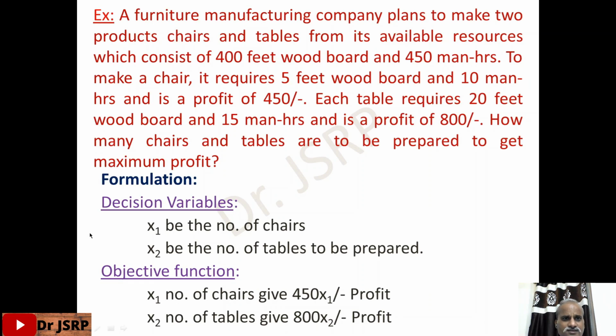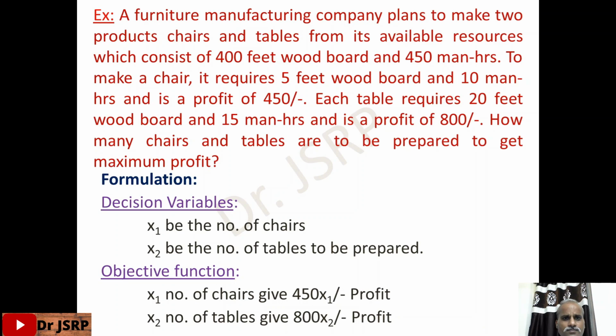So the manufacturing company has two raw materials, that is 400 feet wood board and 450 man hours. Using these, the products will be prepared.